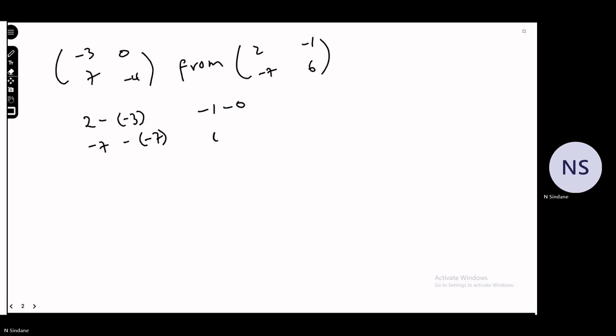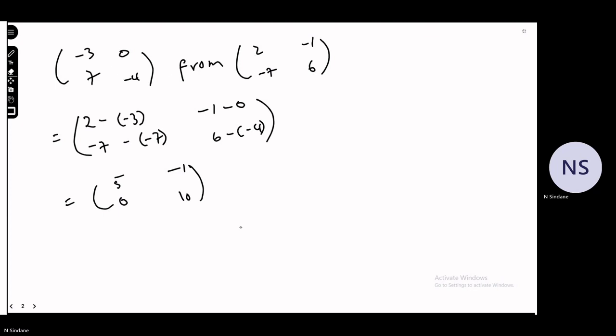This will give me -1, then 0, then -7, and 10. This is the solution when you subtract this matrix from that matrix. Hope that makes sense.